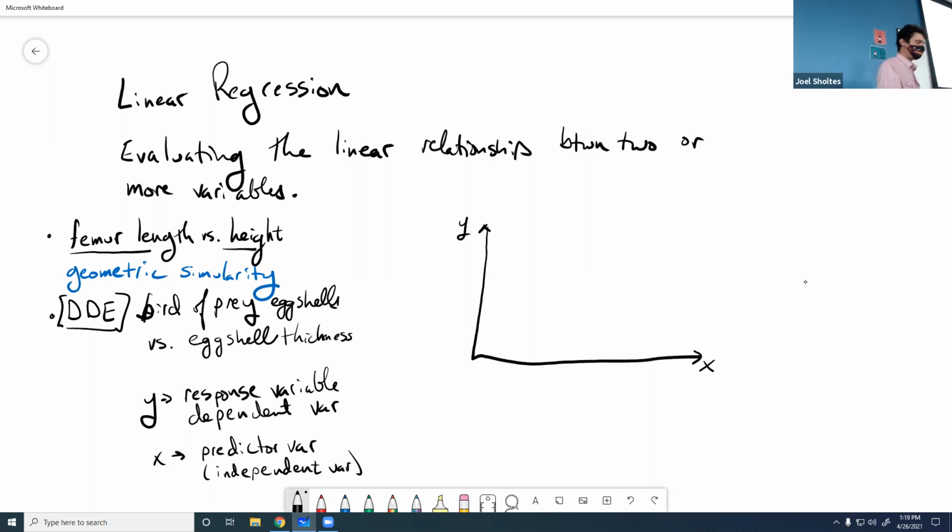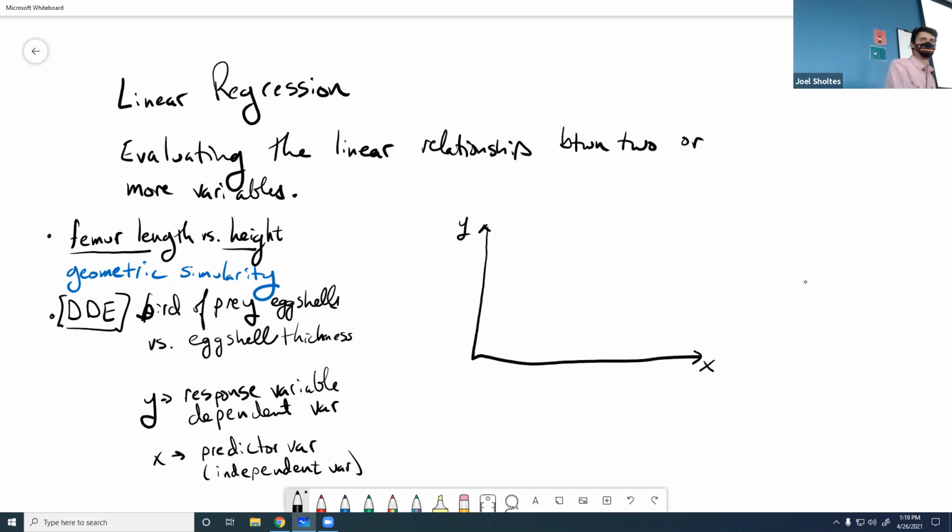And this again gets at, well, there are things that are easy to measure and there are things that are hard to measure. That's one thing we can do for linear regression. We can measure X to predict Y. Additionally, we are looking for relationships. So we can measure the concentration of DDE in the eggshells, measure the eggshell thickness, and then see what kind of relationship we have between those two variables. You can also use this to evaluate whether a relationship exists.